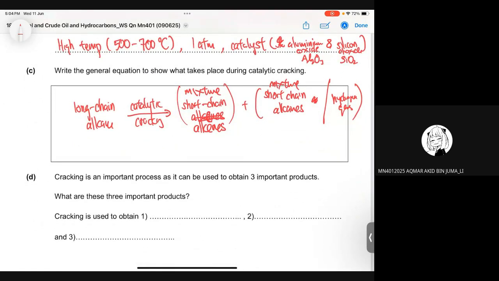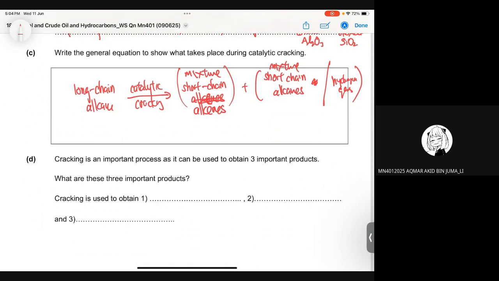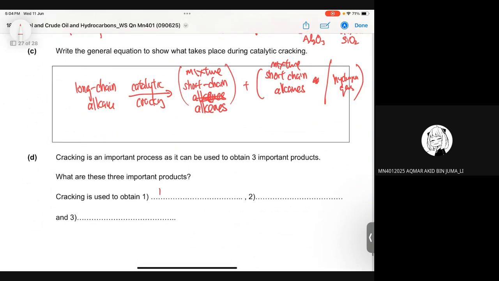As I mentioned, large chain alkane is quite useless once I hit the demand for it. There are other alkanes or alkenes that are more in demand. So cracking helps to produce these important products: first, shorter chain alkanes; next, shorter chain alkenes; and the last one is hydrogen gas.